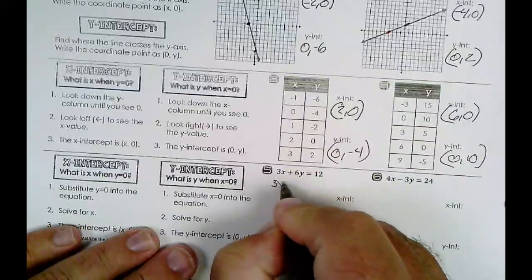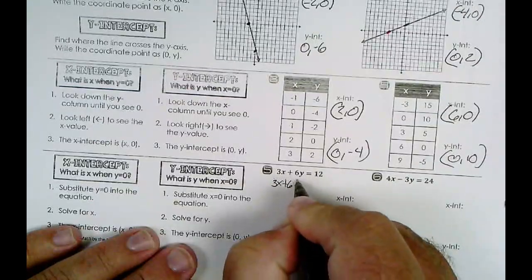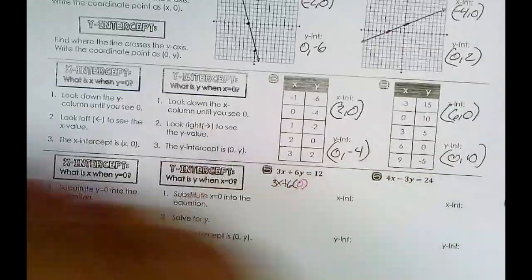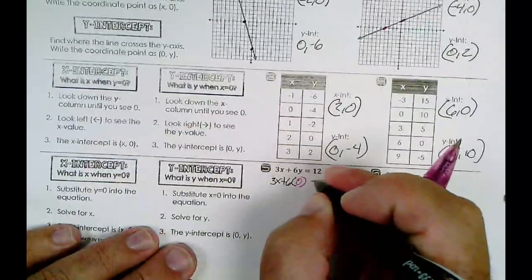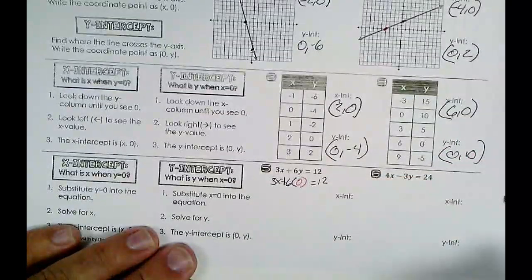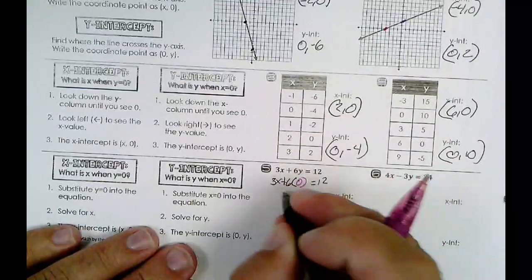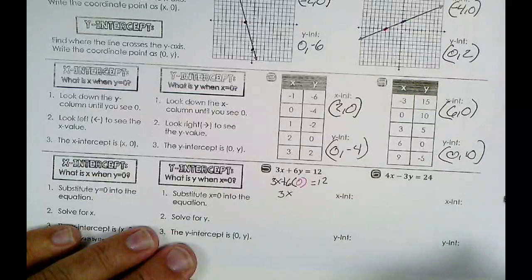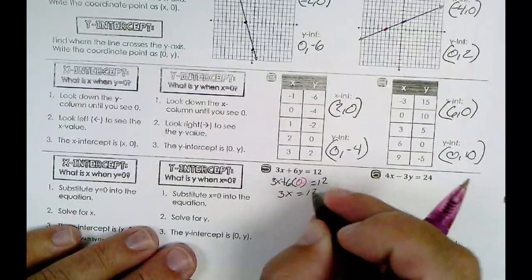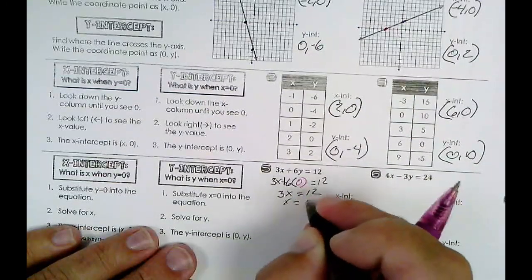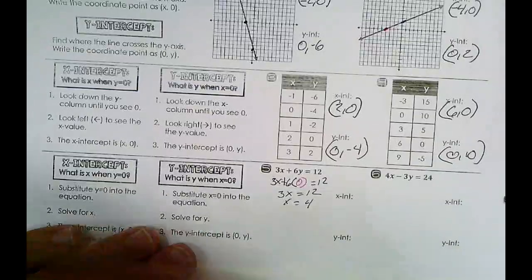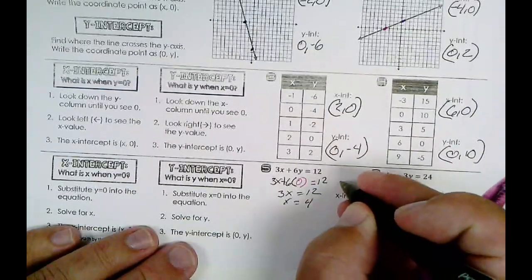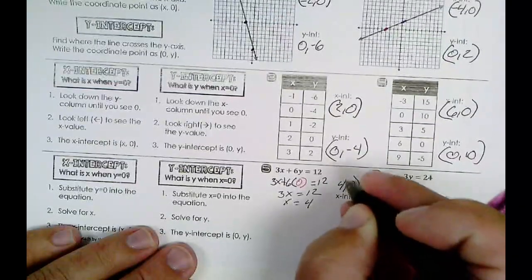So I'm going to get 3x plus 6 times 0 is equal to 12. Now I just combine like terms. 6 times 0 is 0, so 3x is equal to 12. So x is equal to 4 because I divide by 3. So my x-intercept for this one is 4, 0.